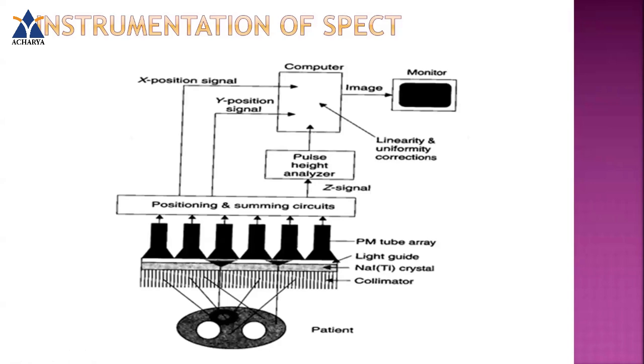So by knowing the strength of the signal and where it is coming from, the computer forms an image which can be read. That is called a cross-sectional image. The cross-sectional image is formed in the computer with the help of a reconstruction algorithm, the positional circuit and the pulse height analyzer.